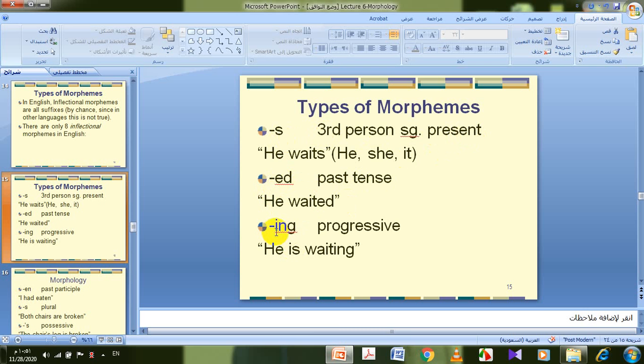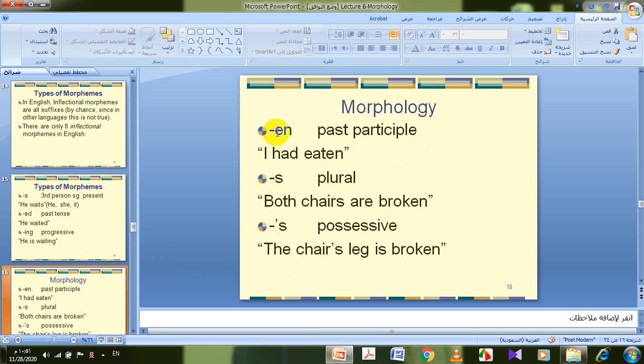Okay? Number 3, ING in the progressive, he's waiting. He is waiting. Okay? Number 4, EN or sometimes ED in the past participle. Like, I had eaten. So this is past participle. Next, I think this is number 5.